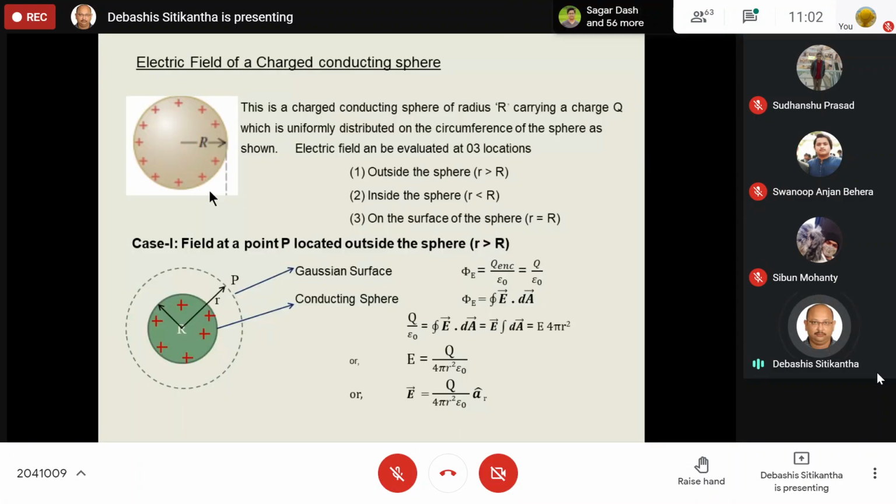So today we'll start with electric field of a charged conducting sphere. In the last class we talked about how to make use of Gauss law in order to find the electric field at a particular point P, which is located away from a point charge.